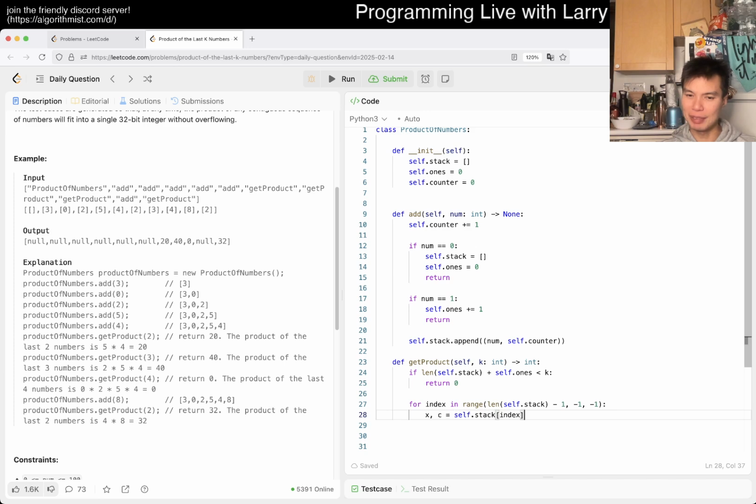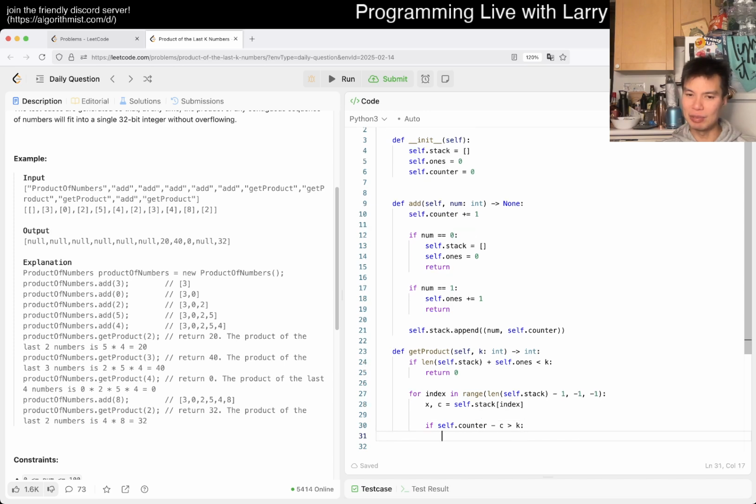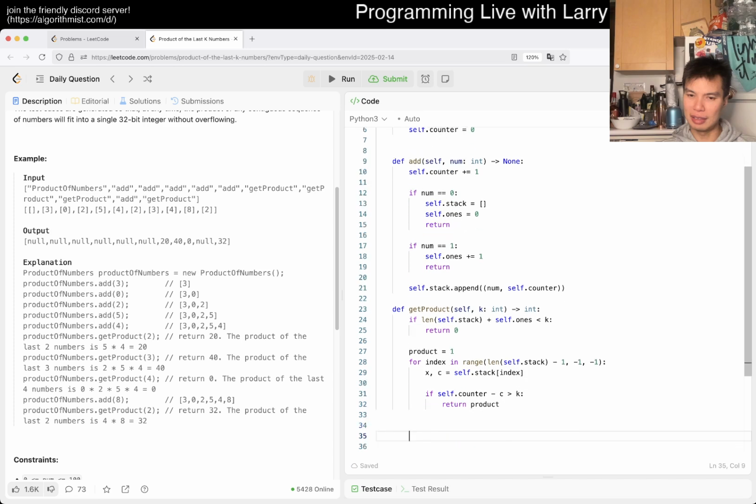Then we have self.counter minus the current counter, I may be off by 1 on this, right? So if this is greater than k, then we return the product, and of course product we start with at 1. And then otherwise product times x, return product, and I think that should be good.